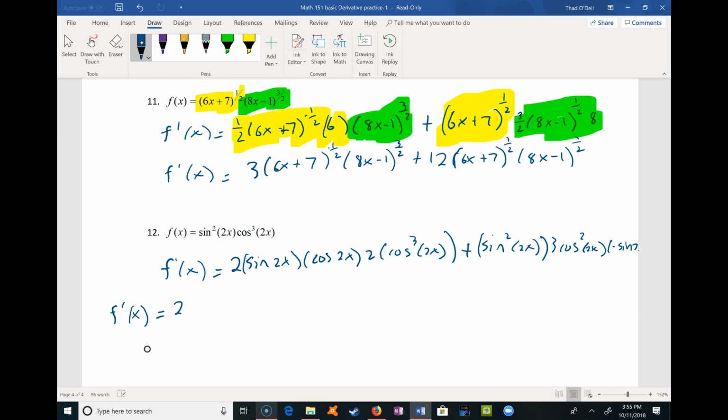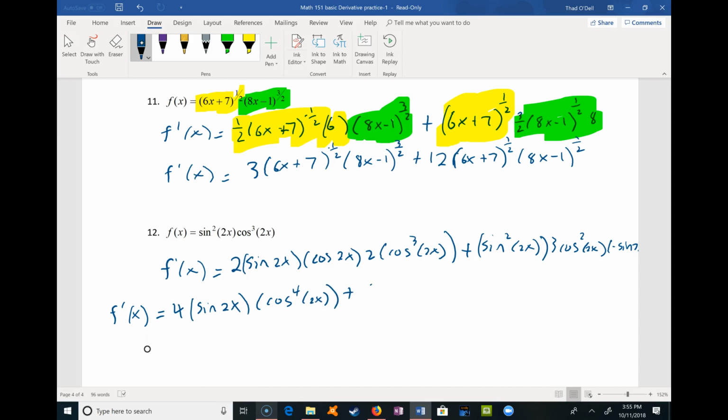So that would be 4, because of the 2's, and sine 2x, and that cosine can multiply by that, and it'll give me a cosine to the 4th 2x plus. Now I have more room here.